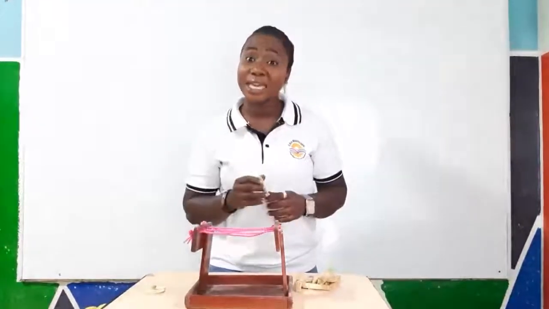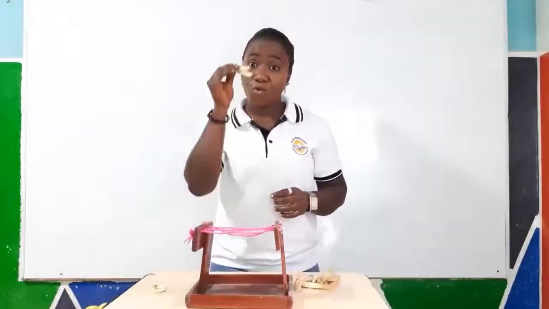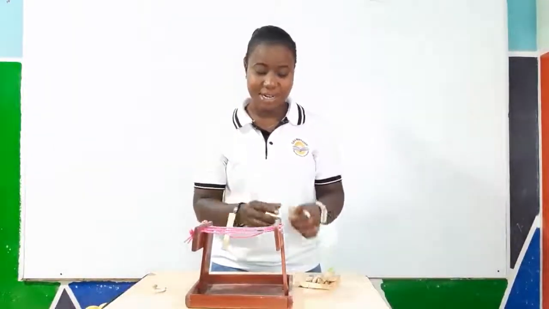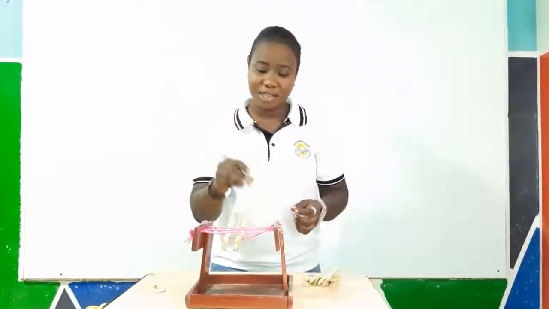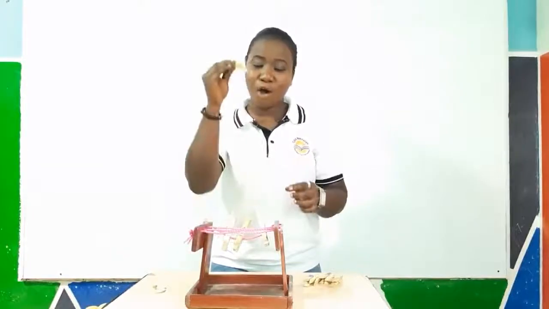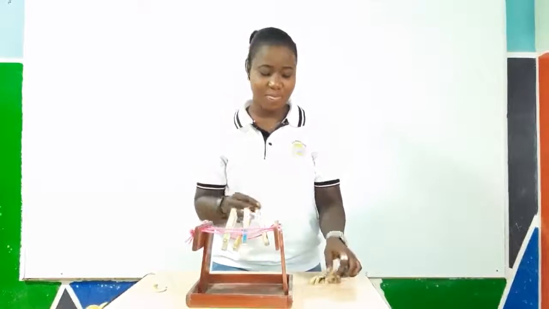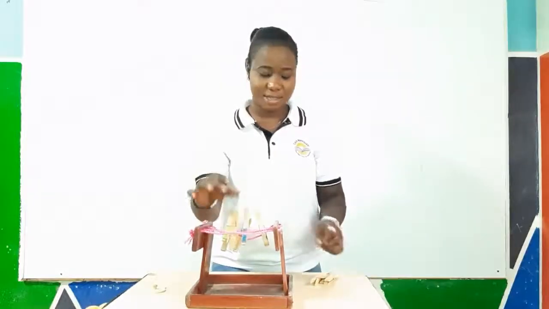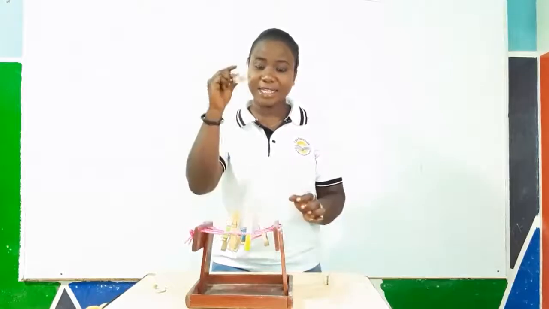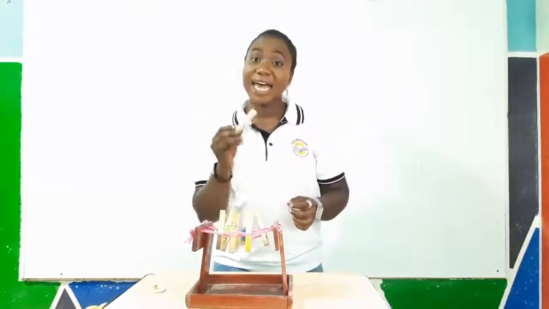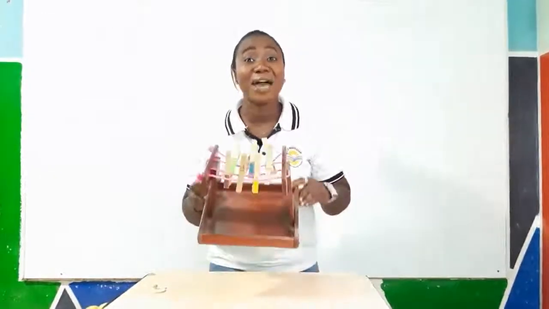Can you help me count my pegs? 1, 2, 3, 4, 5, 6, 7, 8, and 9. So we have how many pegs on the dry line? 9.